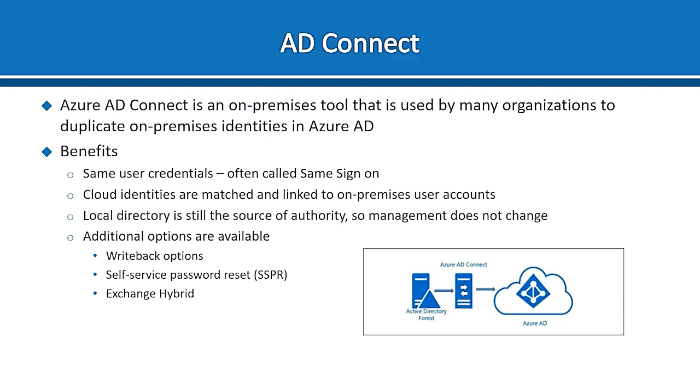And then by default, what would happen is the local Active Directory would synchronize out to Azure AD and it would overwrite the password. Well, we don't want that to happen. So we could turn on password write-back in conjunction with the self-service password reset, assuming we have the appropriate licenses. And then users would be able to change their password and it would write it back to the directory.